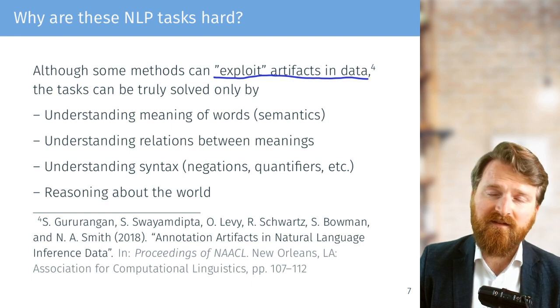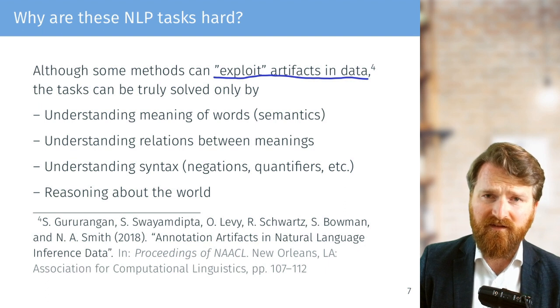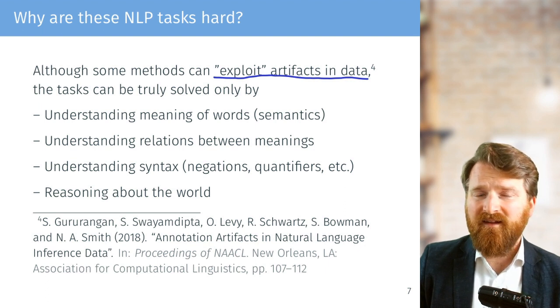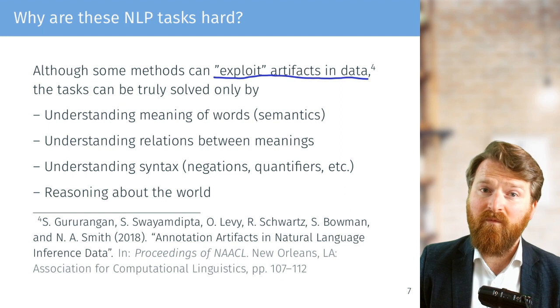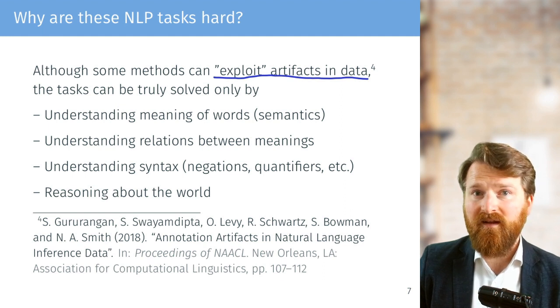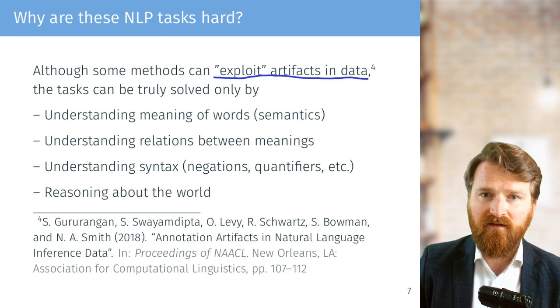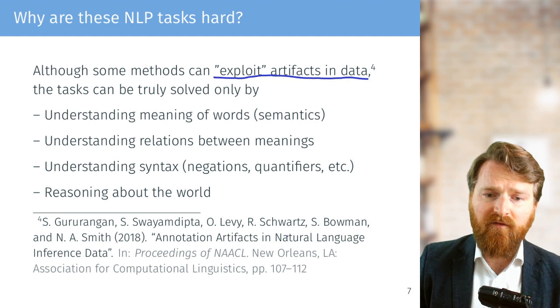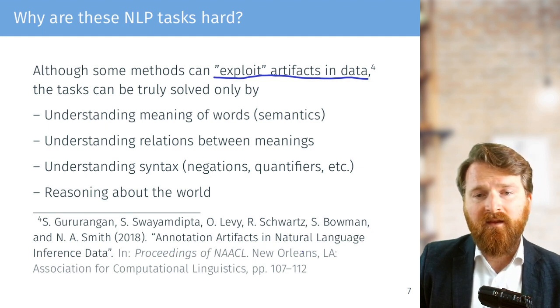So if a system is catching on these surface features, it can find the answer without actually understanding the meaning of the entailment. There's one example of a paper exploring this from the group of Noah Smith and Sam Bowman, the authors of SNLI, and other co-authors, from NAACL 2018.